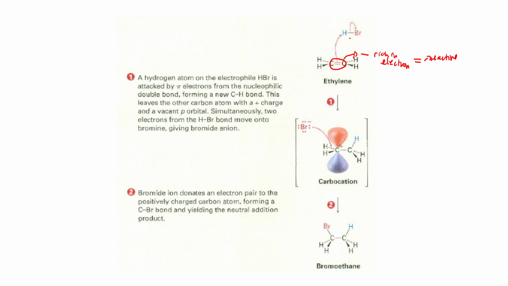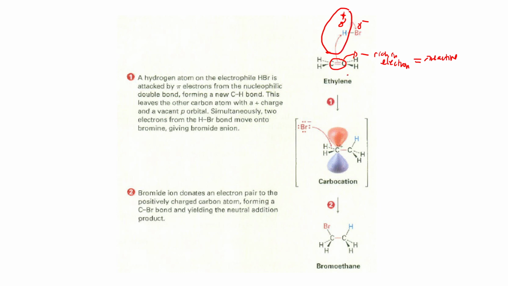Please take note of the polarity of hydrobromic acid. Bromine is an electronegative atom. Hydrogen is a relatively non-electronegative atom. So hydrogen is slightly positive and bromine is slightly negative, due to the difference in their electronegativity. So this is negative, this is positive. These two will now react with each other.